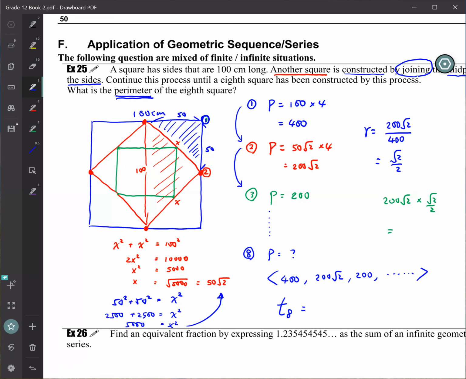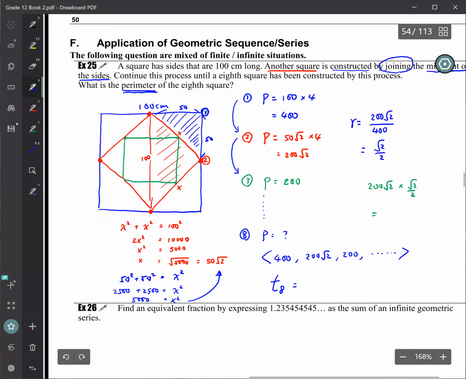Okay, so it looks like we are doing a sequence here, not a sum, right? So please check your formula and then plug in the formula, okay? I'll let you figure out T8 by yourself. Once you found it, you can raise your hand.